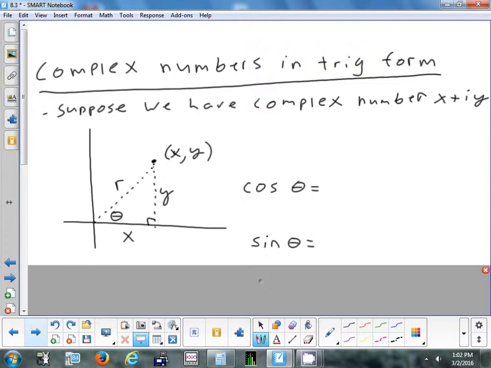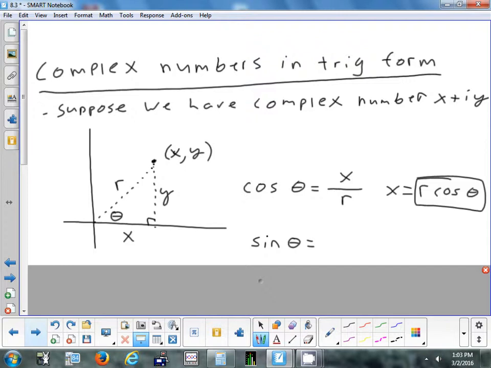If I took the cosine of theta, what would cosine theta equal? x over r. And if you got x by itself, that would be r cosine theta equals x. So there's a formula for x in terms of r and theta.